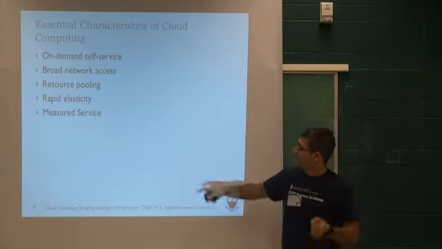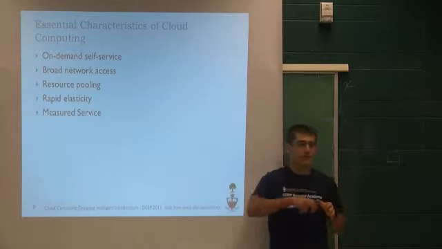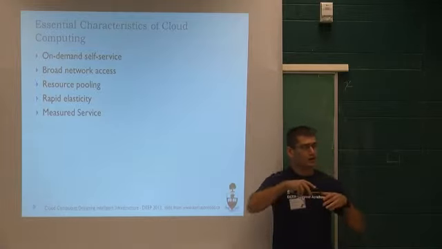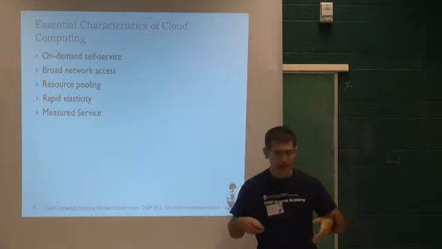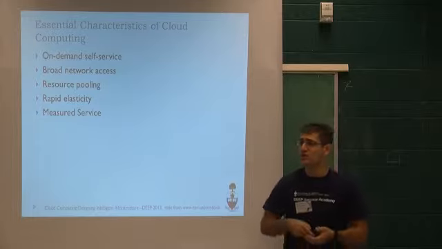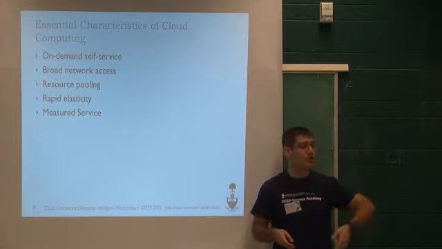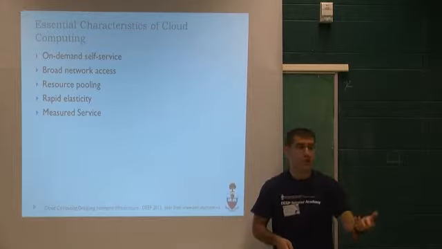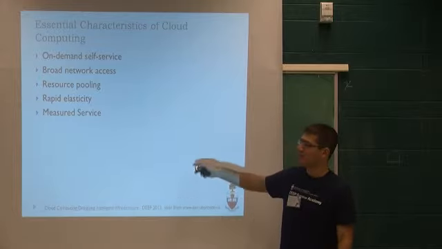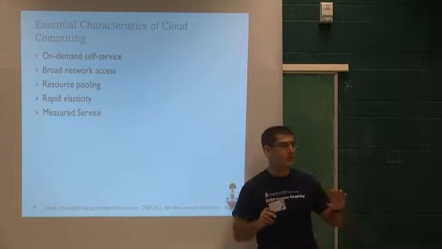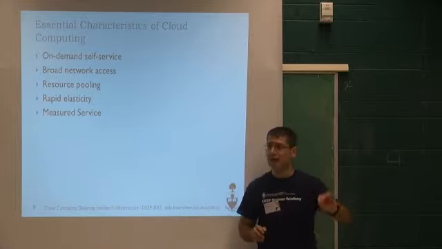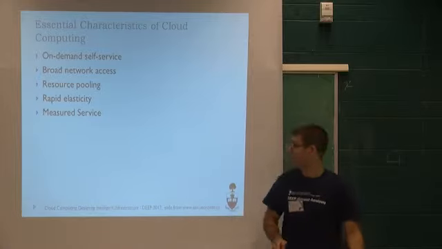And rapid elasticity, so this is with time, you can do quick changes. So if your demand or what you're requiring from these resources is changing, you can get the responses pretty quickly. And measured service, whatever you're getting is being accurately measured, and you only pay for that.